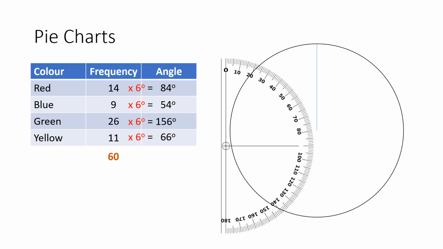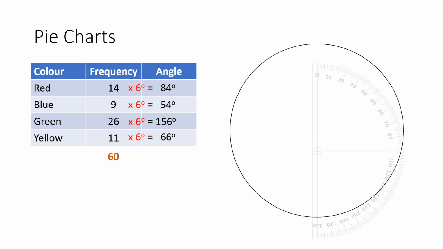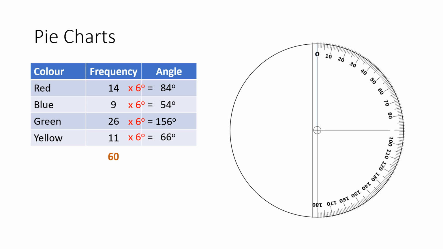So let's look at drawing our pie chart for the table that you've just done, where red needs a sector of 84 degrees. The first thing I need to do is move my protractor so that 0 is along the first line, the first vertical line. Positioning it carefully, making sure the crosshairs is on the centre.